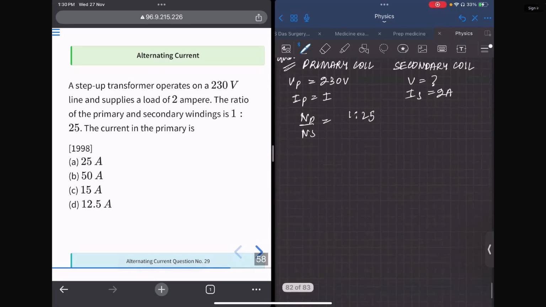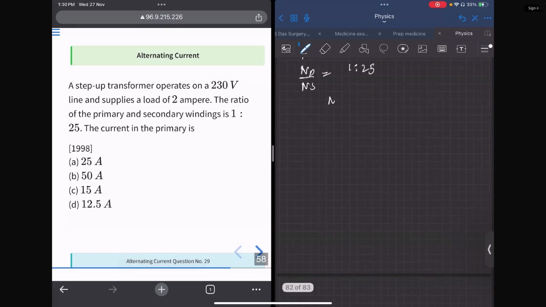We read the formula that the number of windings is directly proportional to the voltage, so NP by NS is equal to VP by VS. So 1 by 25 equals VP, given as 230, over VS. So VS is 230 into 25.